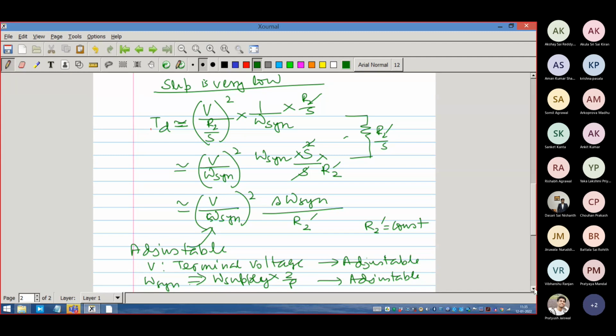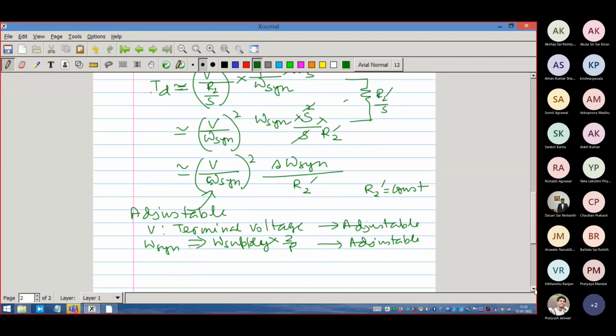Right? So what is the thing? If we now go to a different frequency and produce the same amount of torque, by looking at the expression, what is your idea? The idea would be that V by omega sin as a ratio we should not change. Don't change this ratio, right?